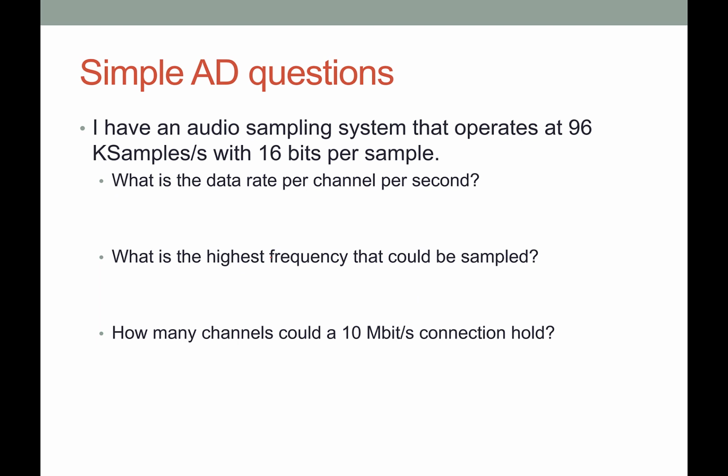Okay, so here's some simple questions that I thought I would ask, and you could look at and think about and make sure you get the idea behind. Suppose you have an audio sampling system that operates at 96 kilosamples per second with 16 bits per sample.